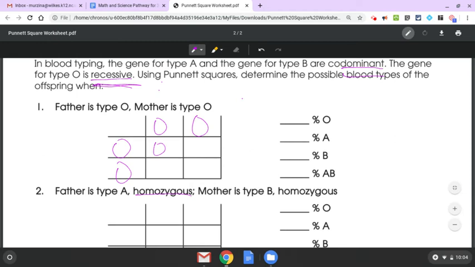So when you do your crosses, it's going to look just like this, because there's no other types that could possibly show up if both the mother and the father are type O blood. So in this scenario, there is a 100% chance that the offspring is going to be type O blood. And that means there's 0% chance for A blood, 0 for B, and 0 for type AB blood.